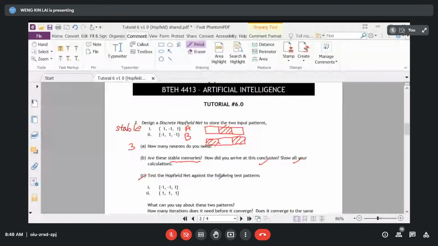So if I show it to you, this is, and this is what. Let's call this pattern C and this pattern D. Now, what can you say about these two patterns?